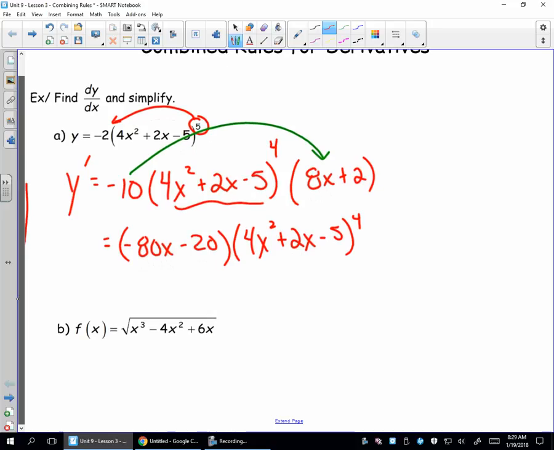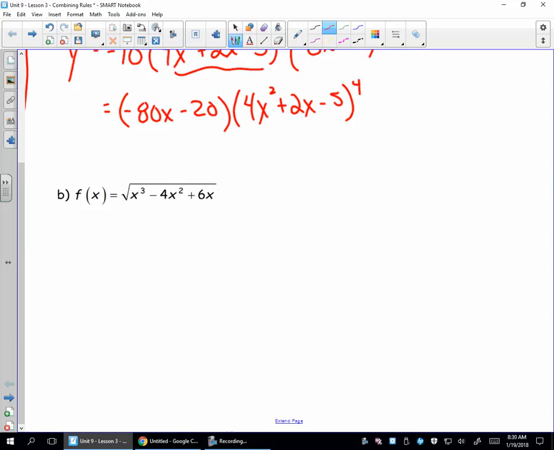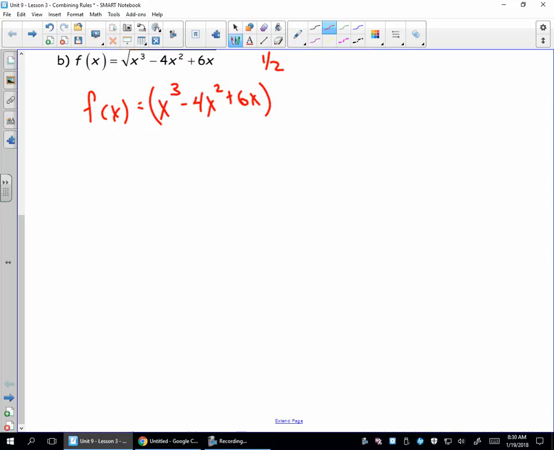If we look at the next one, letter B, okay, this is a function with a rational in it. Well, before we start, it might be easier to think of this as a base with an exponent on it. So it turns it into a power rule again. I want to take my derivative. I could do it the same way as the previous one. So 1/2.